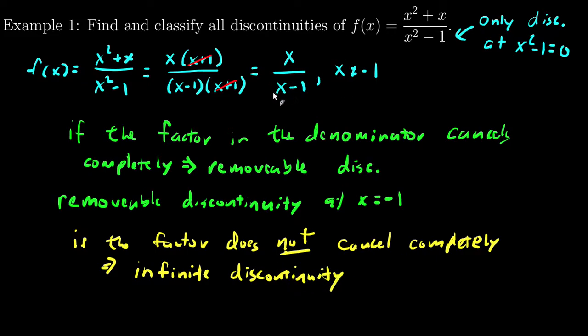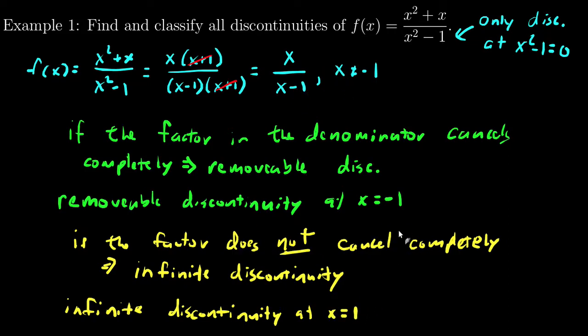And in this case, the x minus 1 did not cancel completely, so we have an infinite discontinuity at x equals positive 1, the 0 from this.